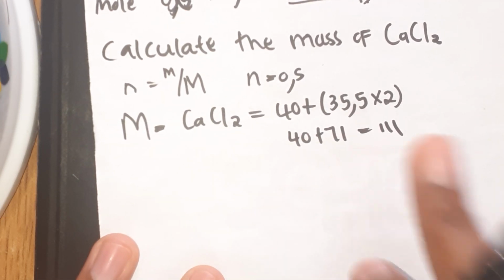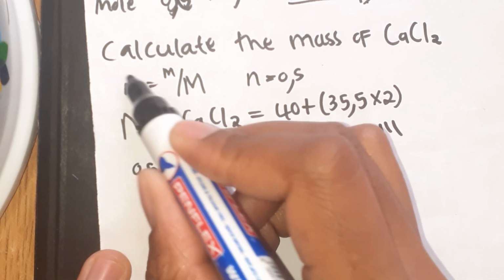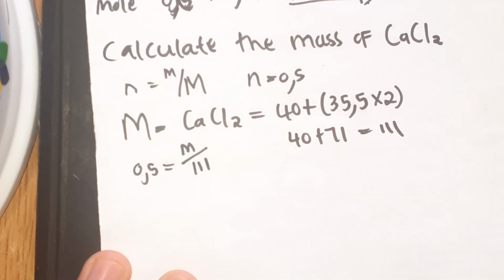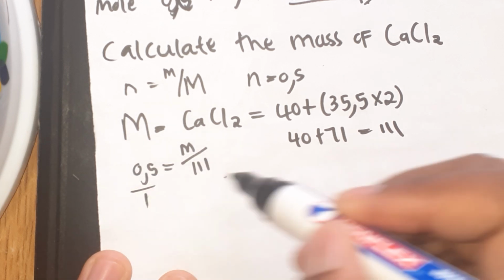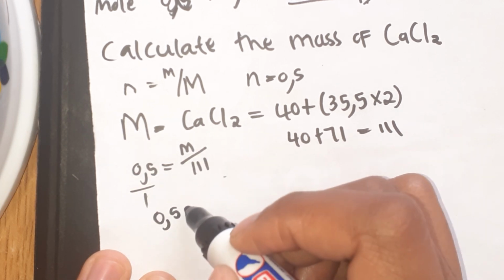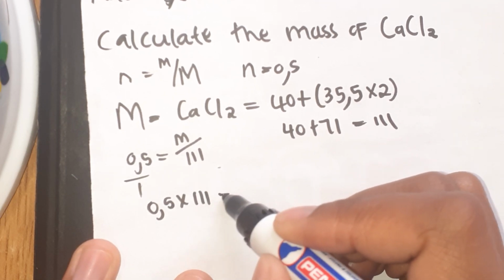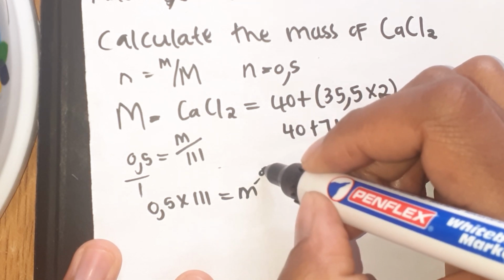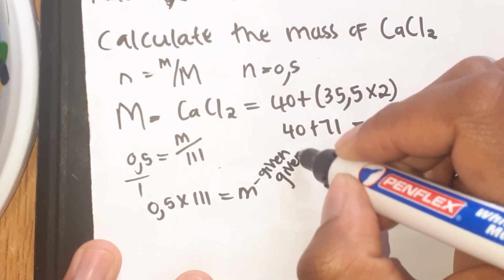So we have the molar mass from the periodic table. And now we can substitute this n: 0.5 equals small m over 111. We cross multiply, so that will be 0.5 times 111 equals m, which is the given mass in grams in the question.